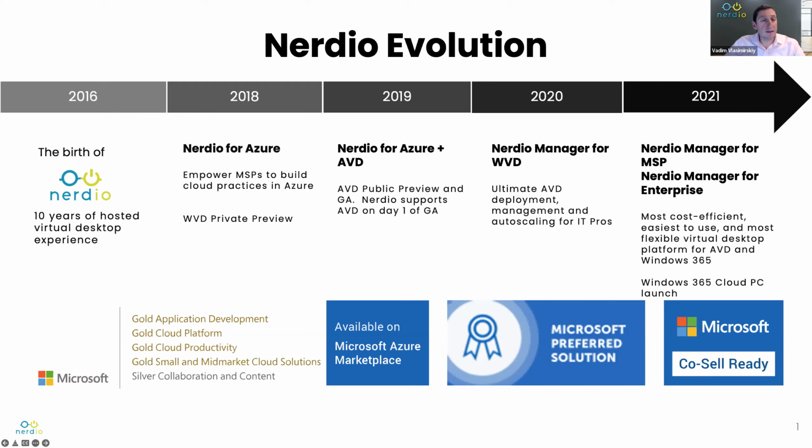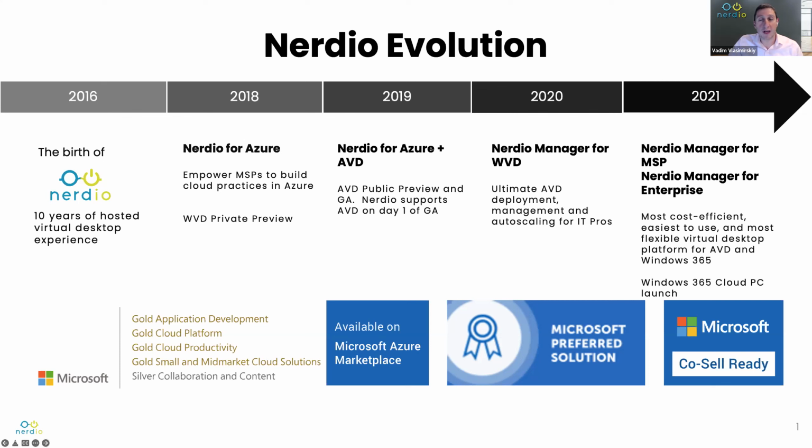In 2018, Nerdio's first Azure-based product called Nerdio for Azure launched. And that product was all about helping our partners deploy RDS-based Azure environments in a very turnkey type of fashion. And this was the year that Nerdio partnered up with Microsoft. Microsoft's engineering team was working on the RDMI product, which was the predecessor to Windows Virtual Desktop.